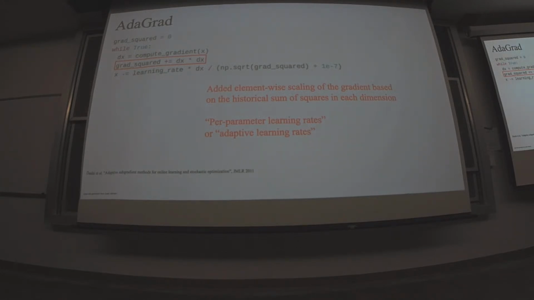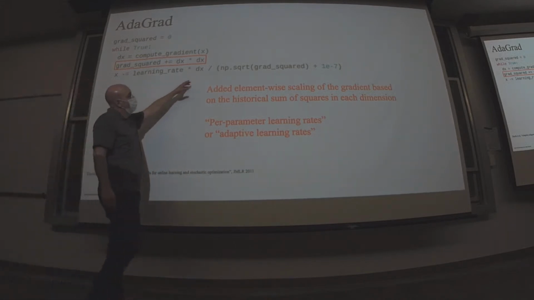And what is it doing? So what does this one do differently? This one actually keeps around a momentum of not the gradients, but the square of the gradients. And then what do you do with that square of the gradients?